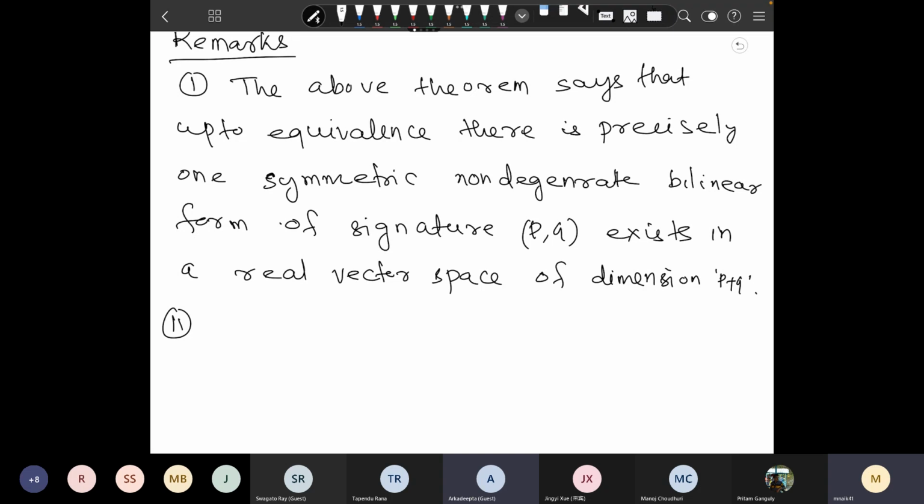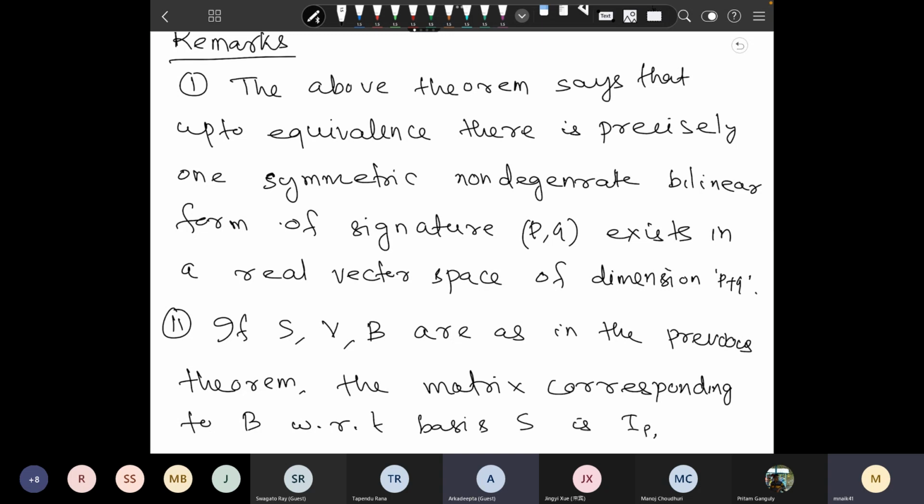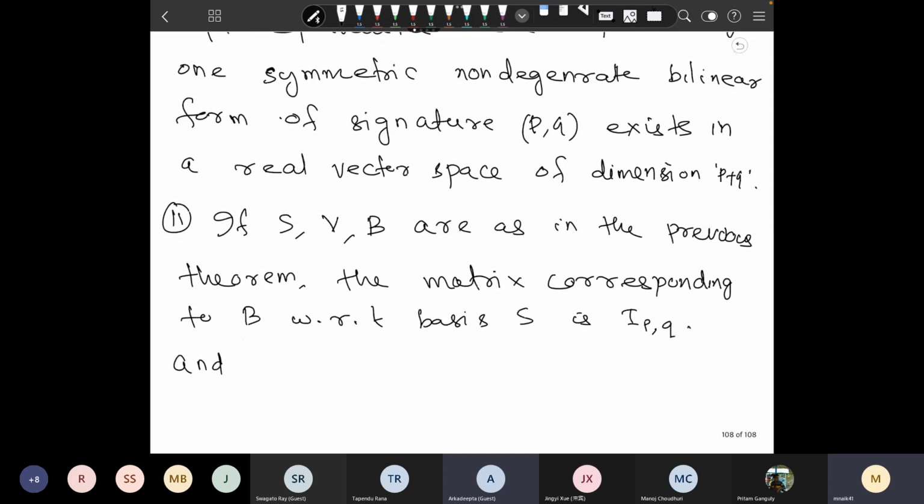So the second thing is, if S, V, B are as in the previous theorem, the matrix corresponding to B with respect to basis S is I_{P,Q}, and the automorphism group of B is your O(P,Q).